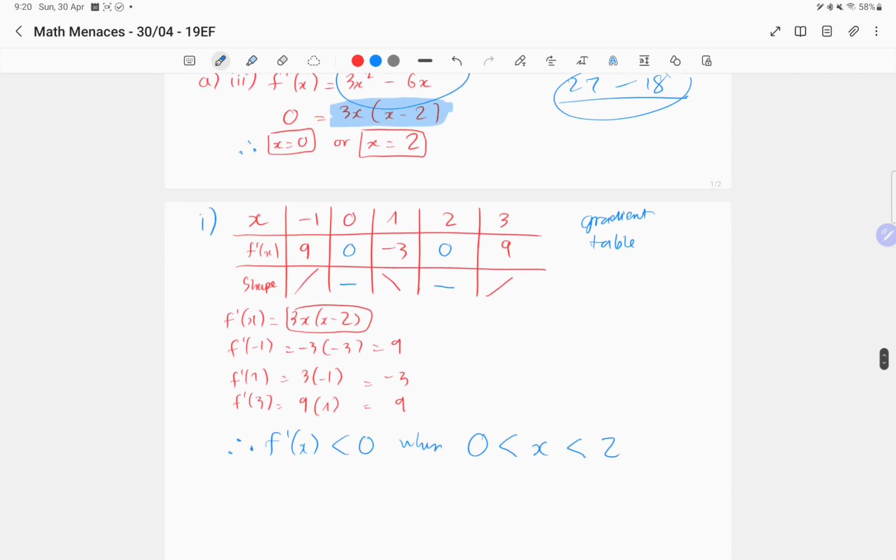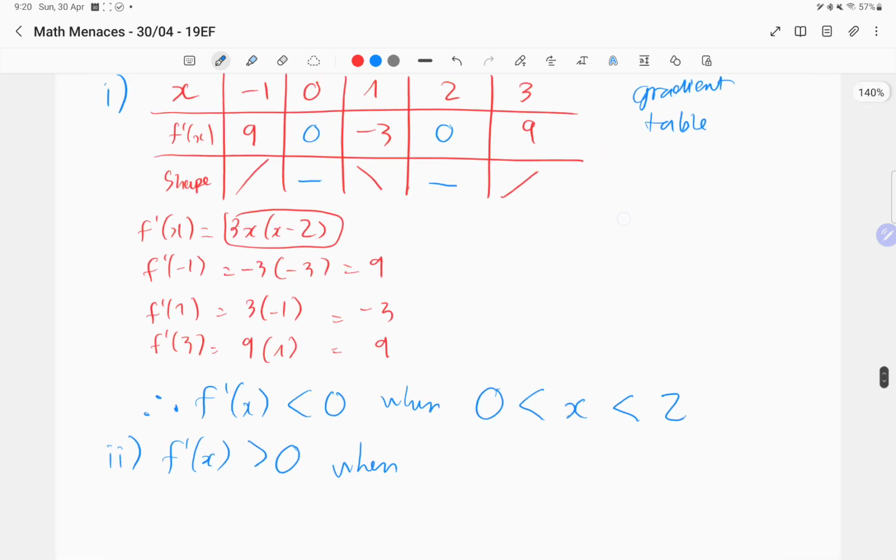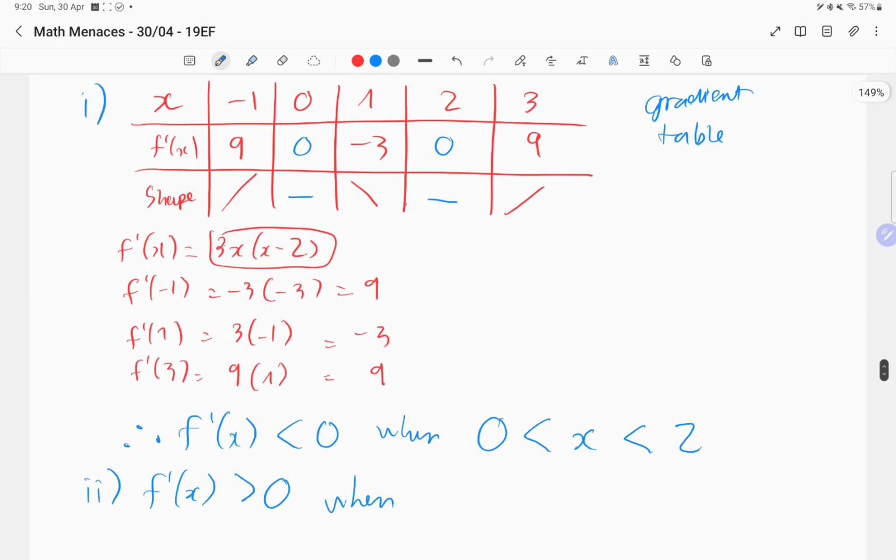Okay Sarah, when is f dash x strictly more than 0? If it helps, imagine this way. See this shape there, it's going up, reaching a local maximum and then a local minimum.